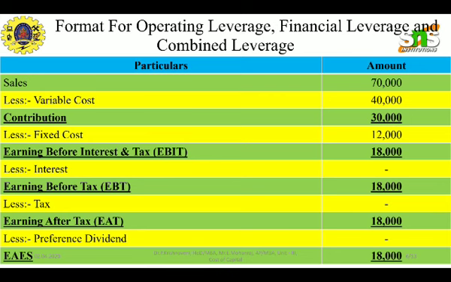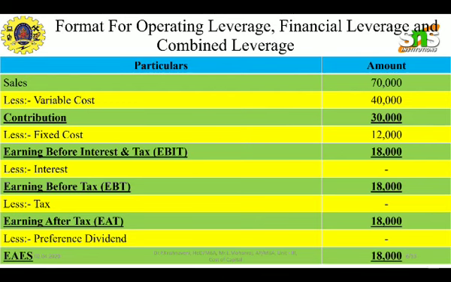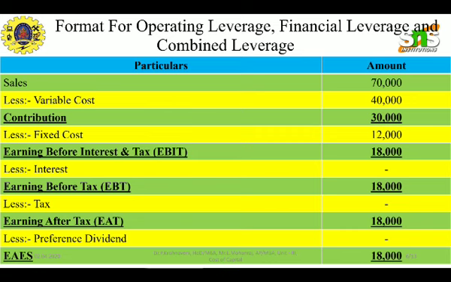The first item is sales. The sales is already given in your question. The amount is 70,000. Then less variable cost. The variable cost is also given in your question, 40,000. Sales minus variable cost, we will get the contribution.